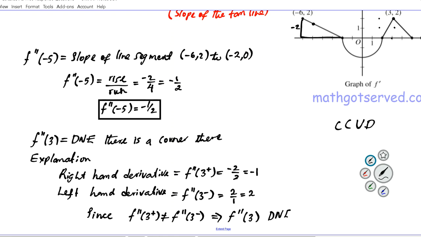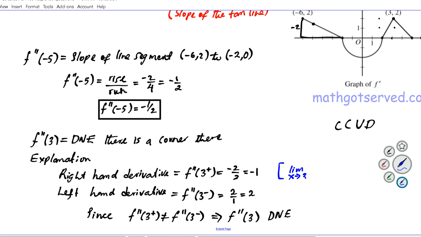Another way to write this notation is to use the limit of the difference quotient. That's kind of confusing, but you can write that. You can say limit as x approaches 3 from the right of f of x minus 3 over x minus 3. This is another way of writing the right-hand derivative.